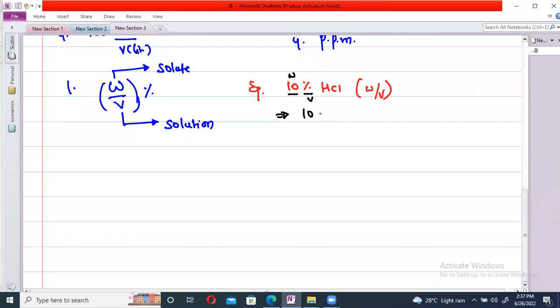The first number is 10, so W is in gram. 10 gram of solute is present in, now the denominator has V, so percent means 100, volume is in ml, 100 ml. And the thing at the denominator becomes the solution. It is 100 ml of solution.